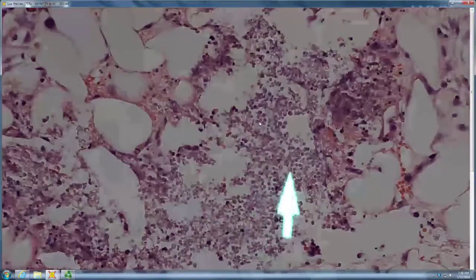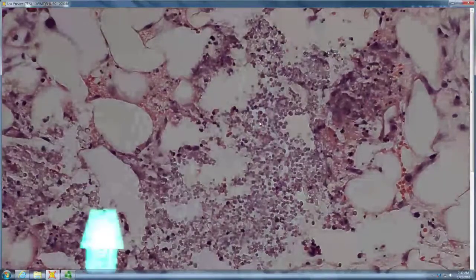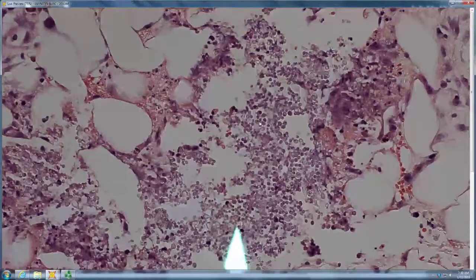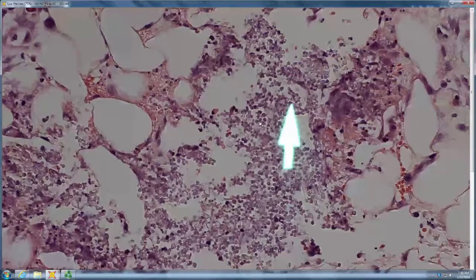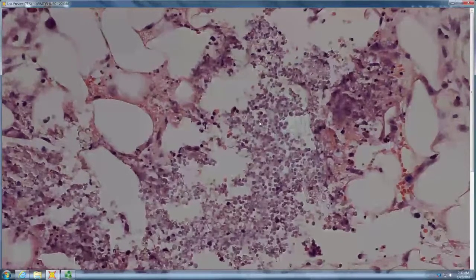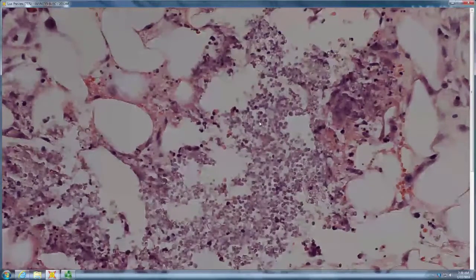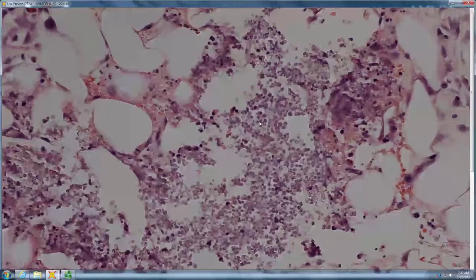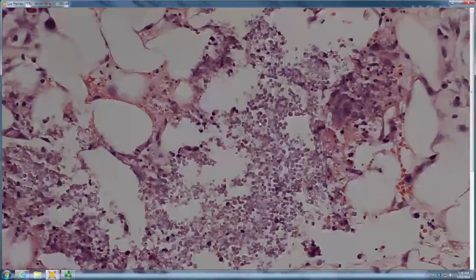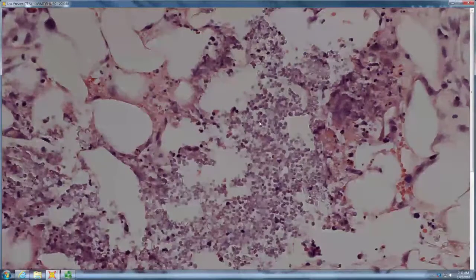Do you see any making continuous beads though? Not quite. And you have round to oval, and then you have little germ tubes coming out of them focally. So is this more fungal or more yeast? More yeast. Yeah, exactly. So yeast with germ tubes, and this was Candida sepsis.